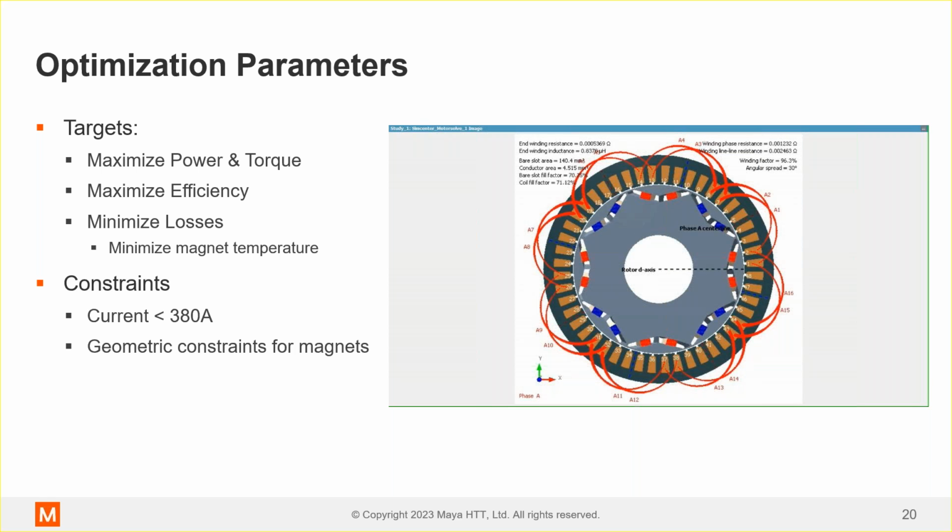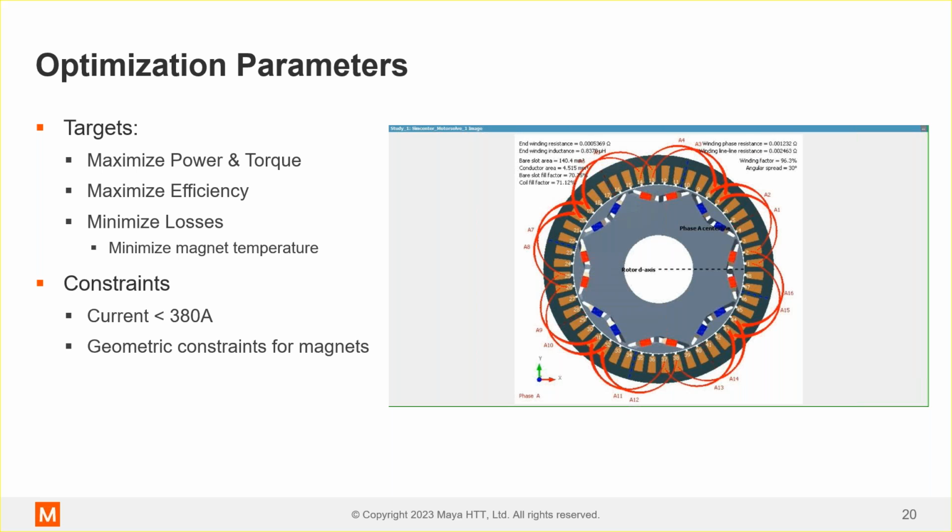We've had to constrain our drive system to 380 amps. That's what our chosen electronics were capable of. And we've got some geometric constraints for the magnets, just in terms of what's available to us, or what would be available to a manufacturer from our particular supplier, and just in terms of practicality.